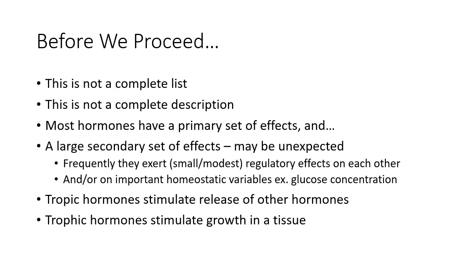So growth hormone or IGF that make you grow, those are trophic hormones. Growth hormone also causes the release of IGF, so that means that growth hormone is a tropic hormone and a trophic hormone. It's tropic and trophic. So be careful about the difference there, since it's only one letter.